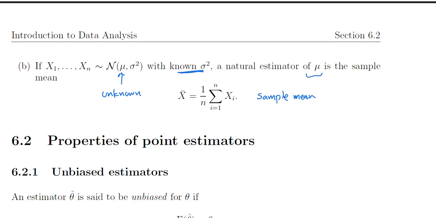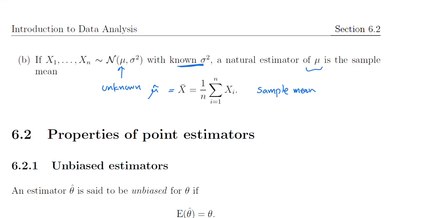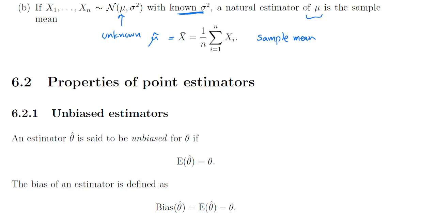So now we know how to use sample data to calculate a statistic to estimate. This is our point estimate mu hat for mu.